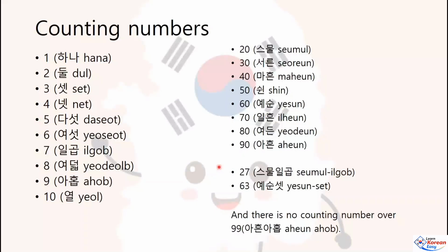So it really depends on the situation and who you're talking with. You could use the 하나, 둘, 셋, 넷, or you could use the 1, 2, 3, 4. It could go on and on, but it's going to make it more confusing. So there's no formula that in this situation you have to count this way or that way.